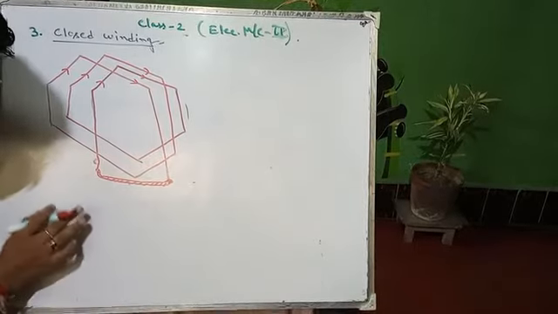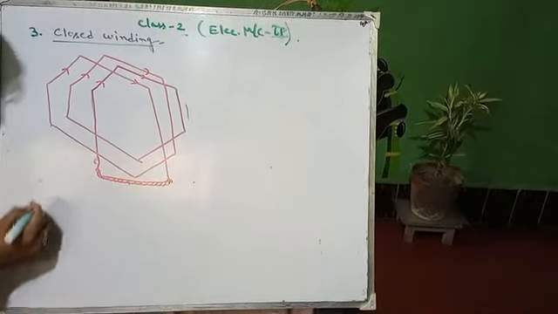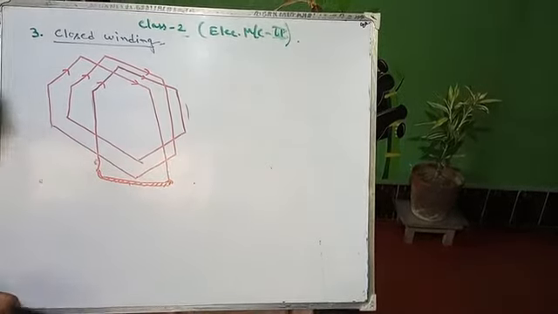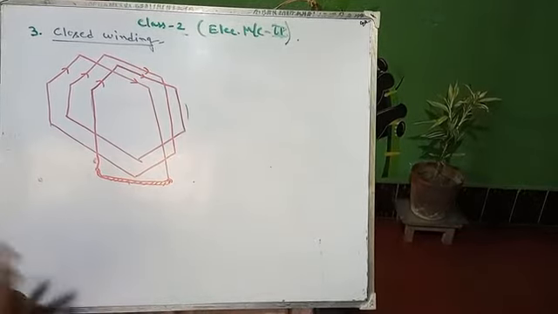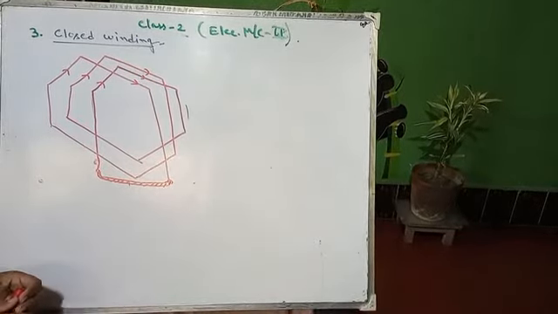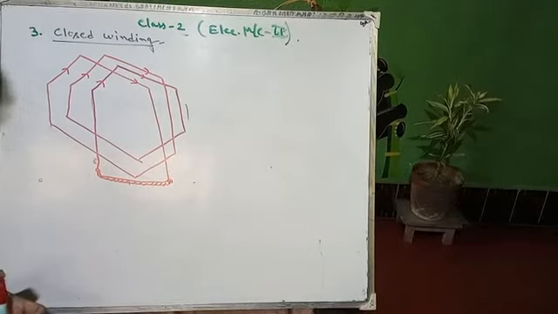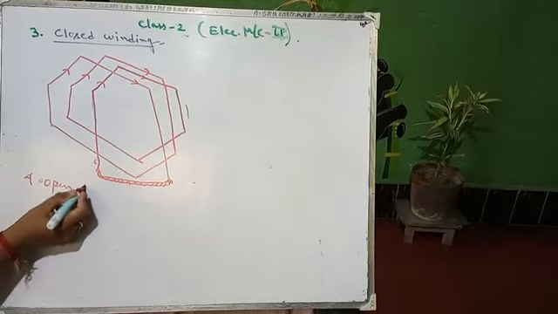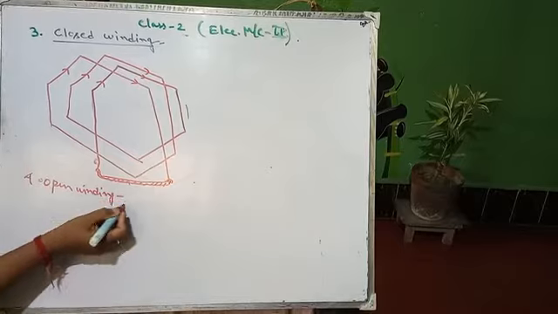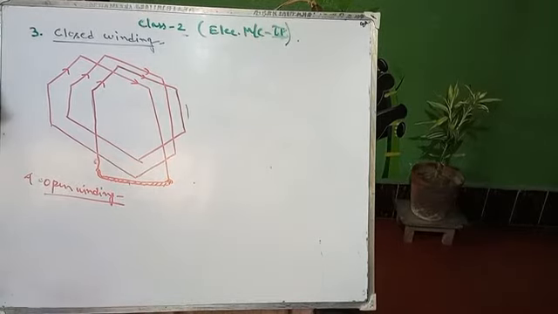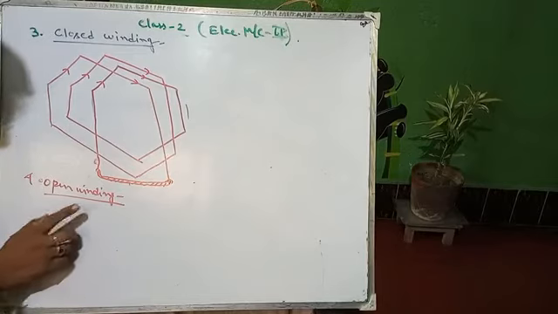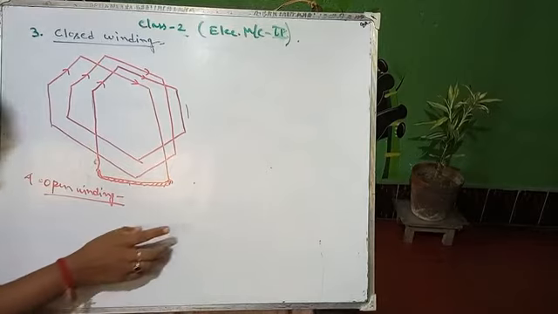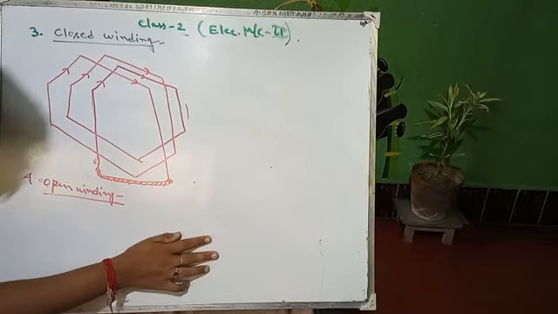Okay, so now write open winding. Open windings terminate at a suitable number of slip rings or terminals. What is a slip ring? Refer to the 3-phase induction machine. So the first point is that open winding terminates at suitable slip rings or terminals.